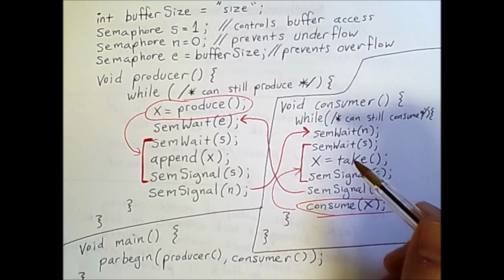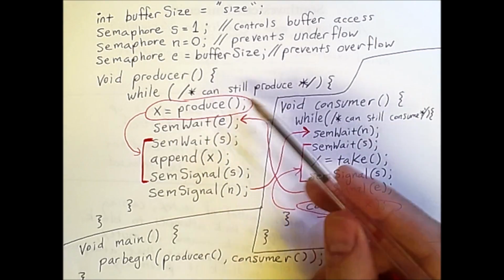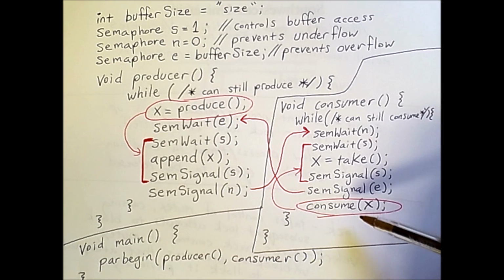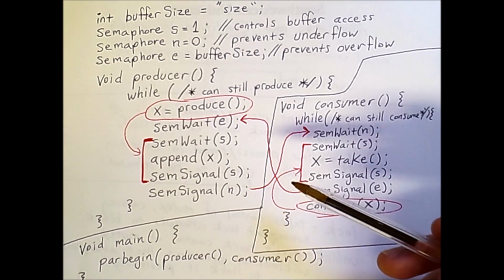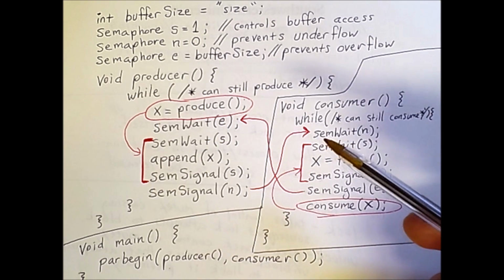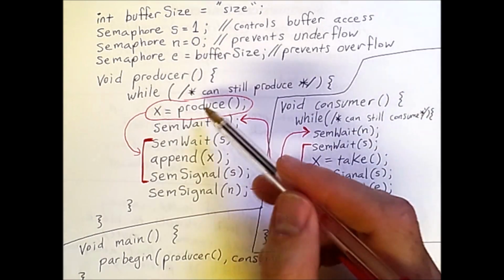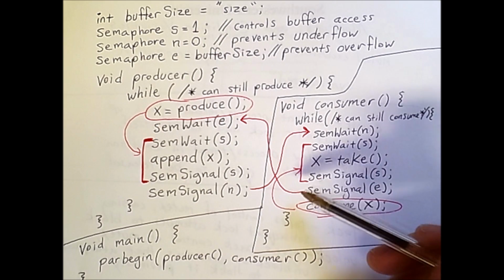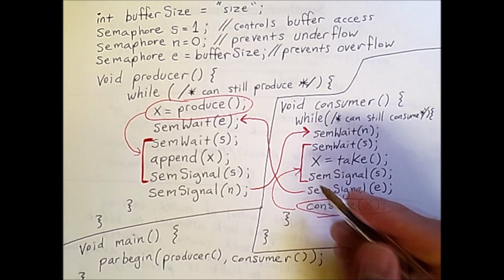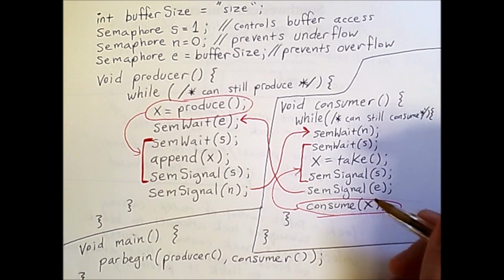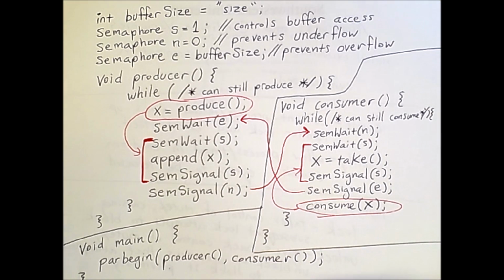It essentially depends on exactly how you're producing things and how you're consuming things. But you'll get more efficiency if you're able to avoid keeping this in the critical section, similarly with the consume. So it depends on the particular problem and what you're producing, how you're producing it, and how you're consuming it. So this is a semaphore-based solution.